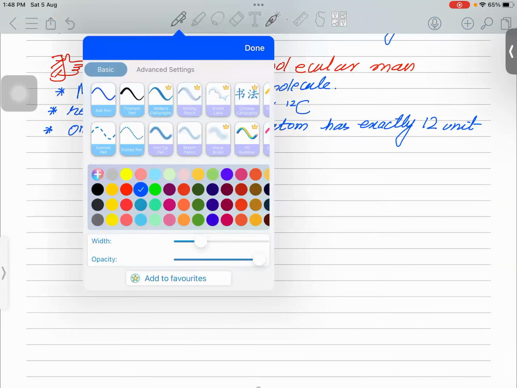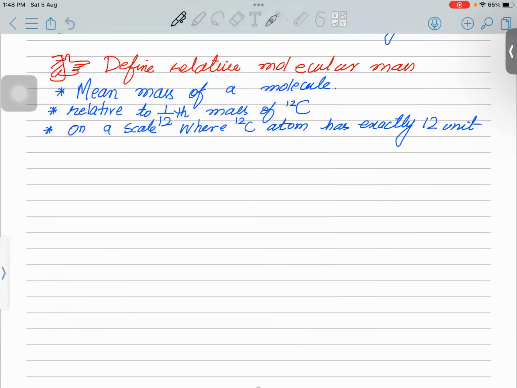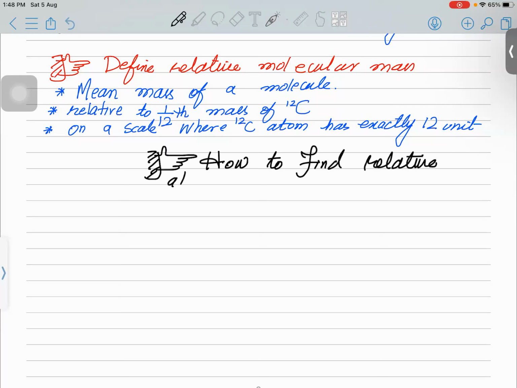Now, the question is how to find the relative atomic or isotopic mass of an element.